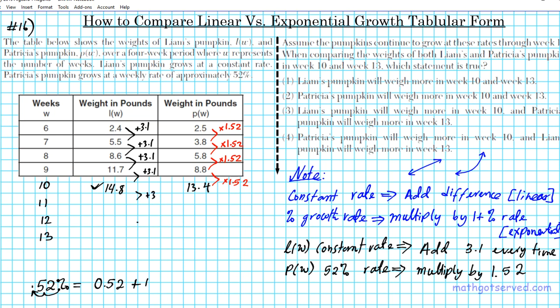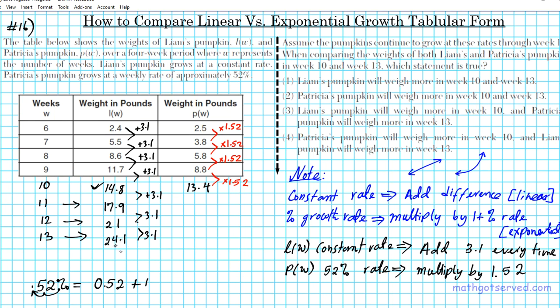So we add 3.1, and for week 11, we get 17.9. And then we add another 3.1. For week 12, we're going to have 21. And then for 13, the last one, you add another 3.1, and then you have 24.1.